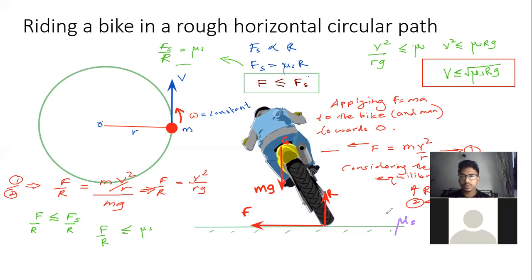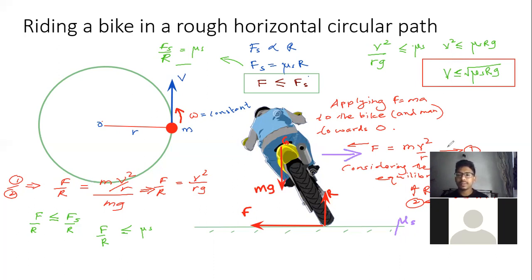So due to the motion, this will try to skid in this direction with the magnitude of mv squared over r. That will be counterbalanced by this friction force. So it's kind of an equilibrium, even though we cannot use the word equilibrium here. Is that clear? So that centrifugal force is counterbalanced by the friction, so that it remains in equilibrium. In order to have an equilibrium, there should be a maximum value.